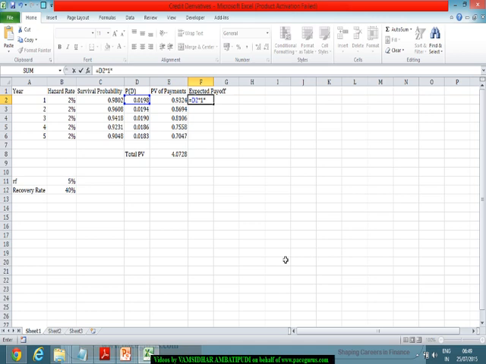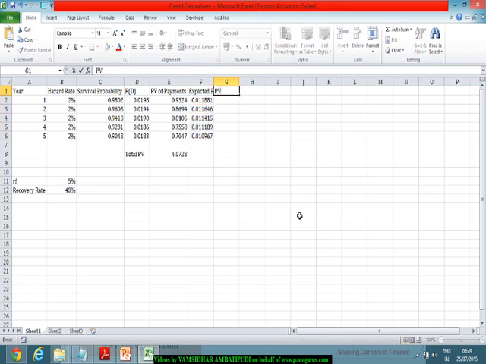In case the default occurs, the payoff is $1, and out of that this much is going to be recovered, so only the balance needs to be paid. So that's the reason I'm saying 1 minus the recovery rate is the actual payoff. So the expected payoff here is coming out to these kinds of numbers for each of the 5 years. These are my expected payoffs.